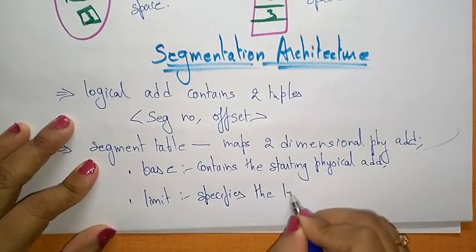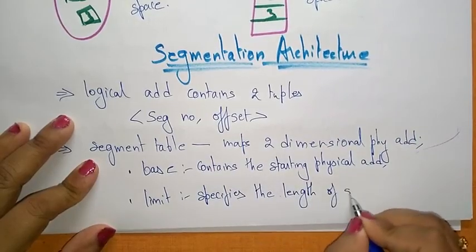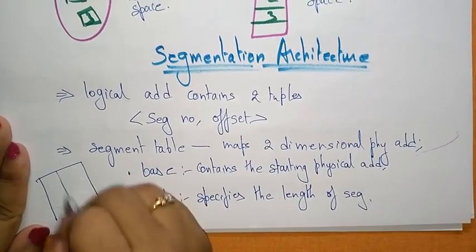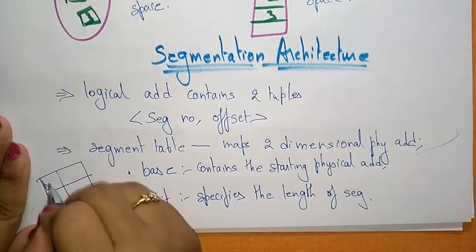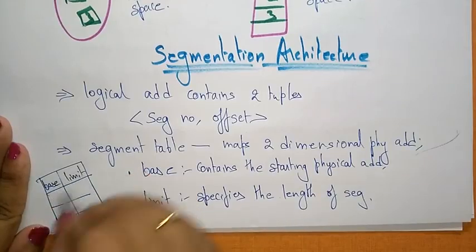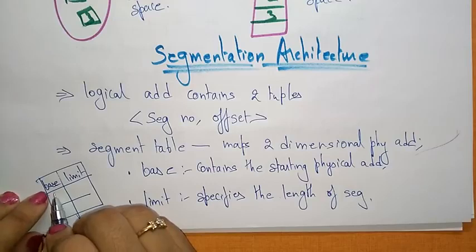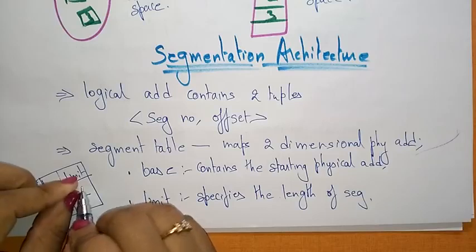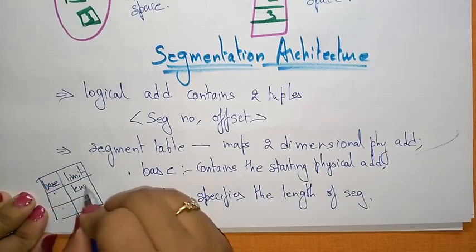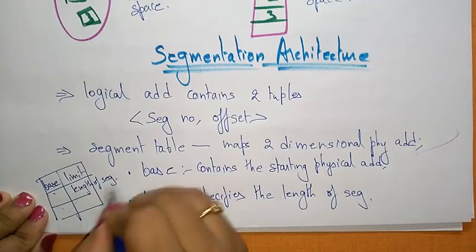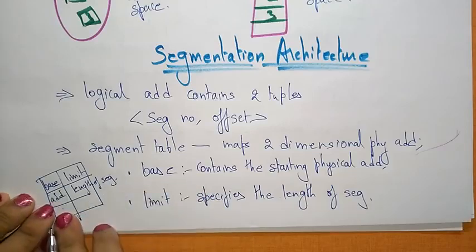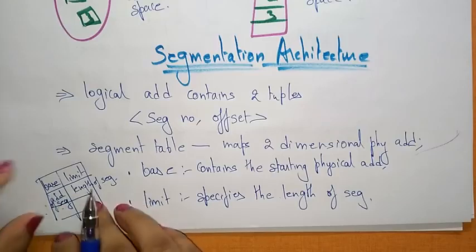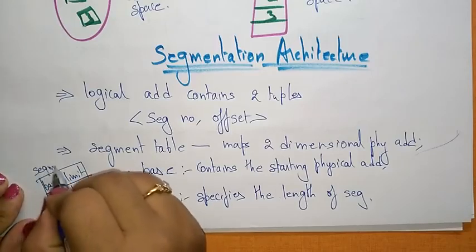So this segment table consists of base and limit: the base holds the starting physical address where the segment resides, and the limit mentions the length of the segment. Completely, you call this a segment table.